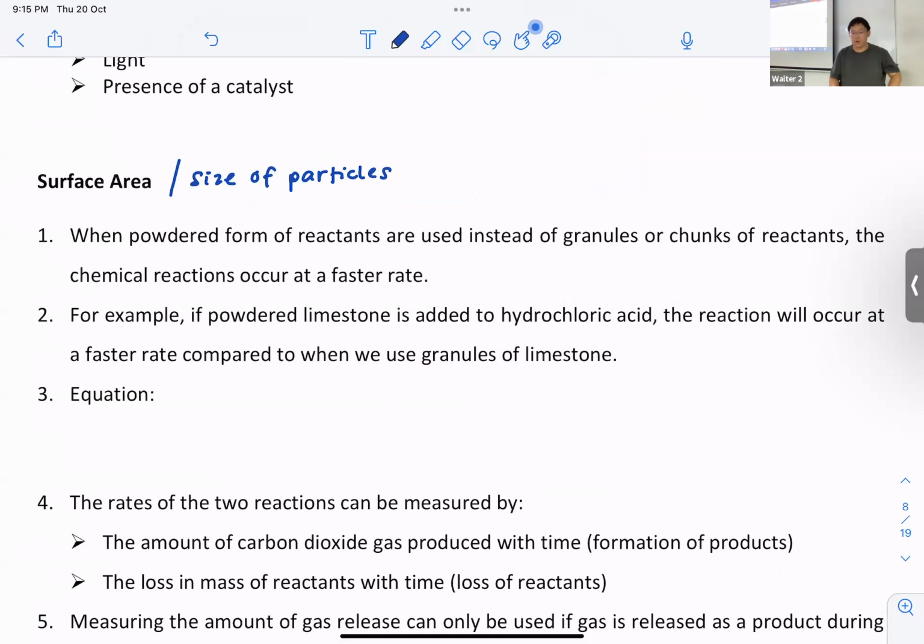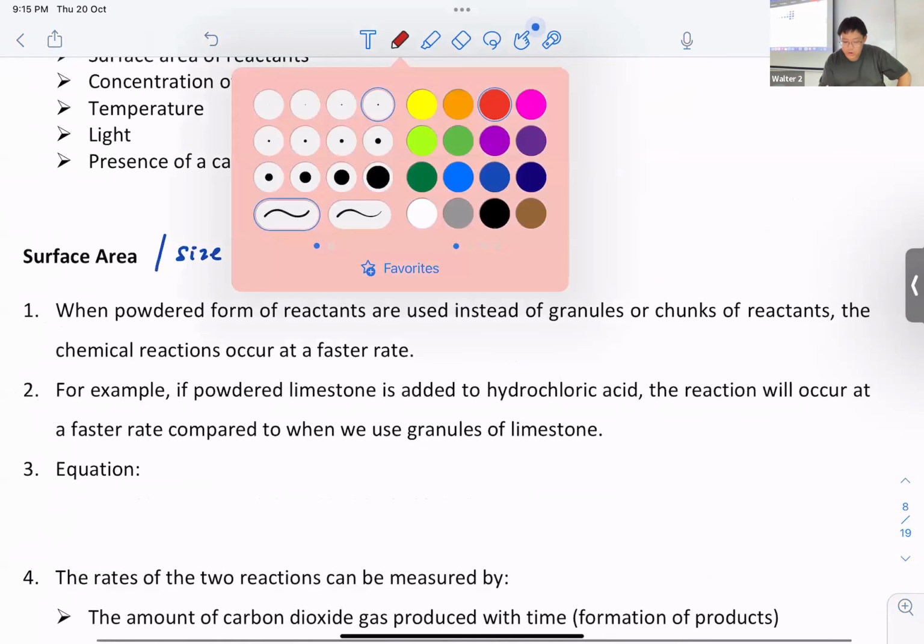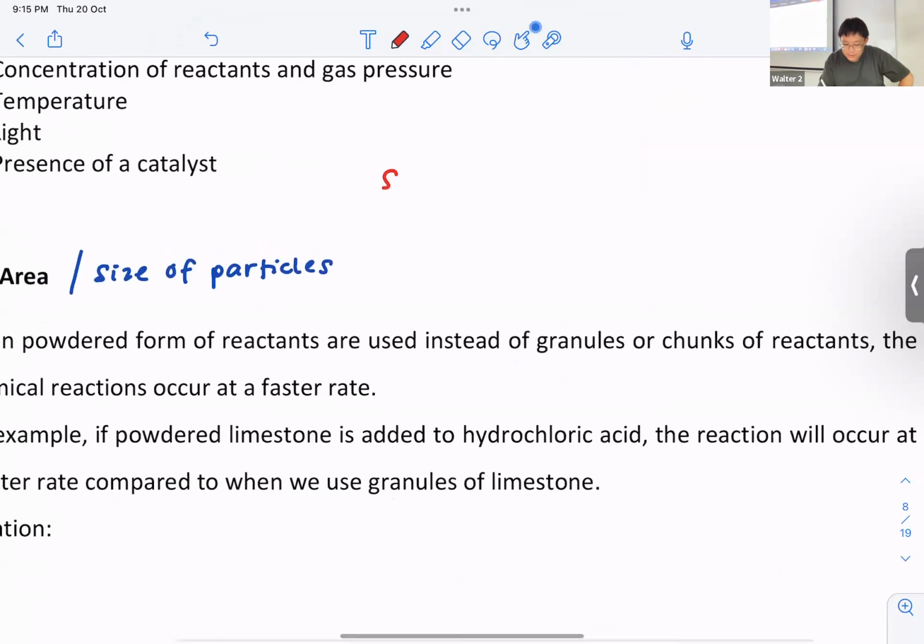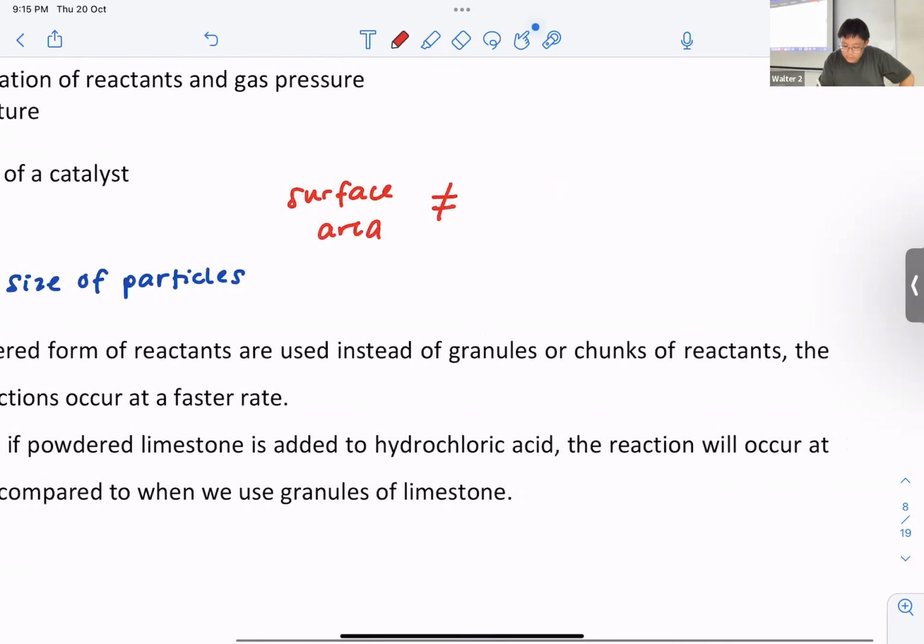Now, before y'all forget, I'm going to explain to you straight away. Surface area is not equivalent to size of particles, because a lot of students get confused at the end of the chapter.